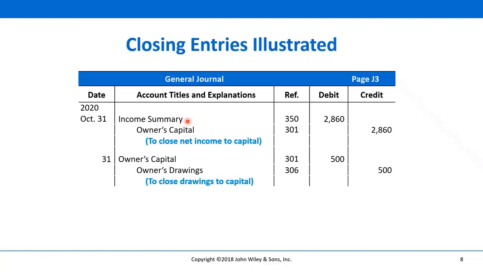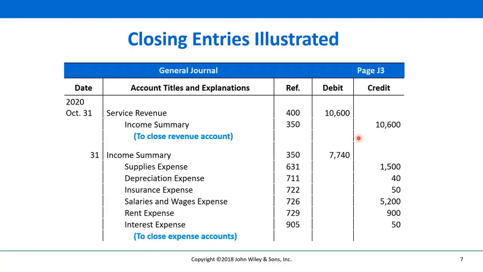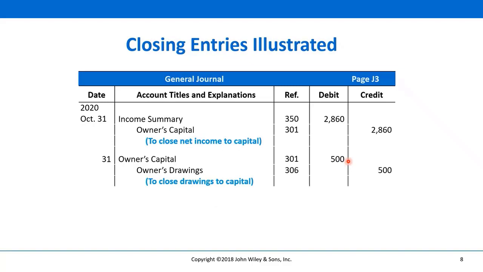In the previous example, we can see that we have credited the income summary account more than the debit, and this is a temporary account also. So if we want to close that temporary account, we have to find out the difference. Since we have credited income summary more than the debit, the income summary will have a credit balance.